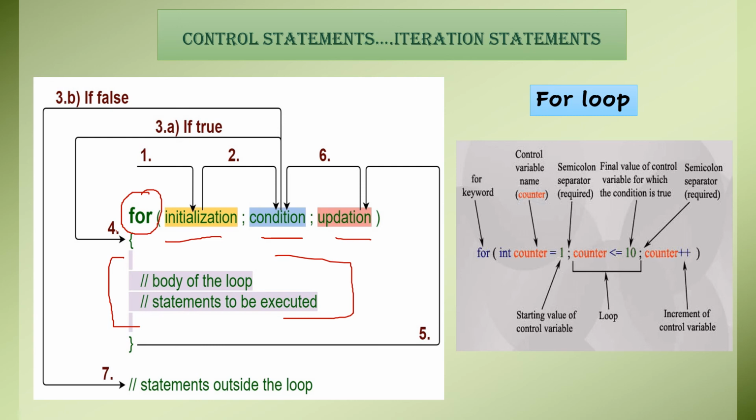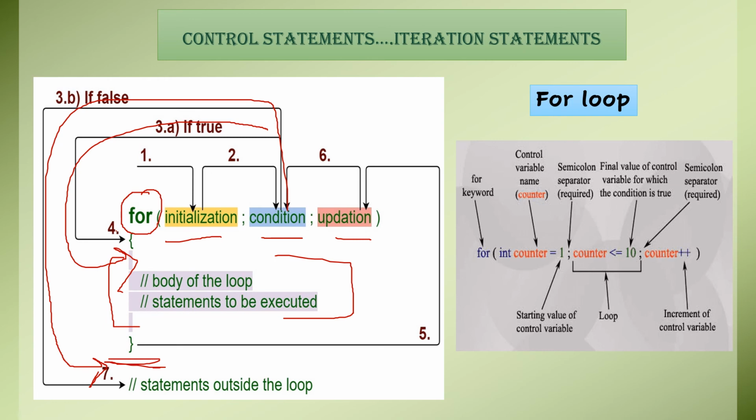If that condition is true, then the block is executed, and if this condition is false, then it just comes out of the loop, that means to the next statement immediately after the closing brace. After this, the updation is done, and then again the condition is checked.